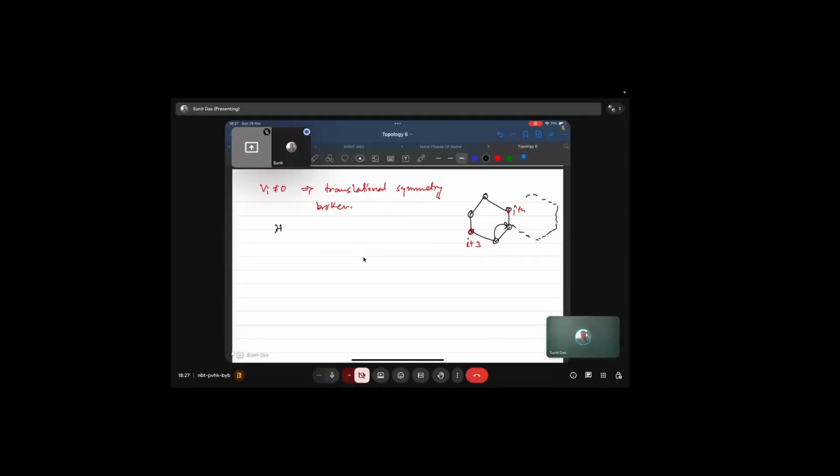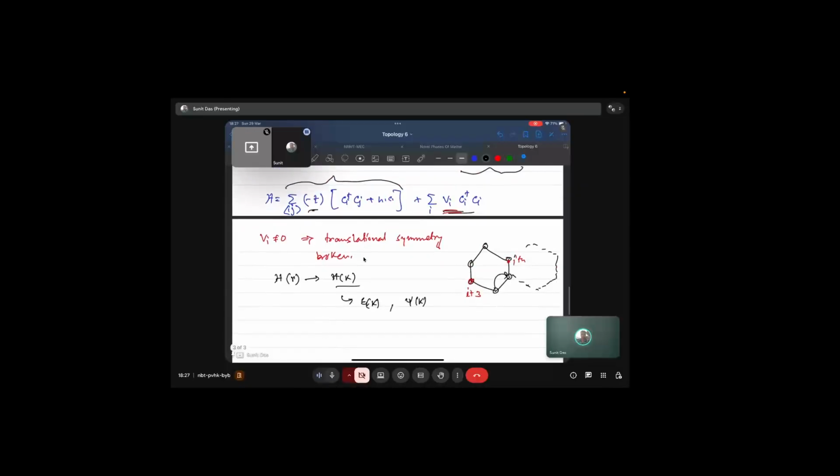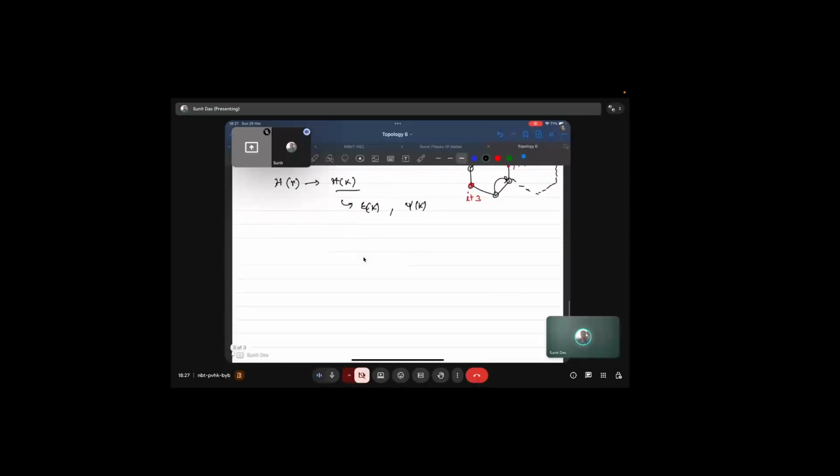We have a Hamiltonian in real space, and by doing a Fourier transform we go to k space and diagonalize the Hamiltonian to get the energy in terms of momentum, and the wave function in terms of momentum, right? But because translational symmetry is broken in the presence of disorder, we cannot do this. Fourier transform cannot be done because of the breaking of periodicity.